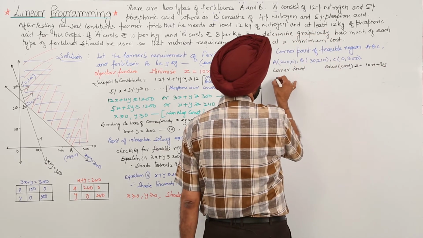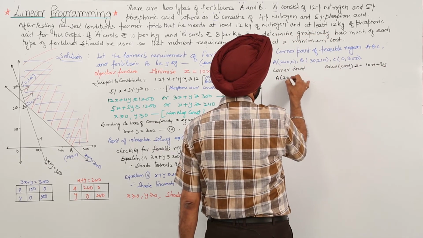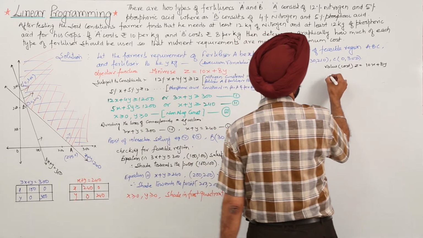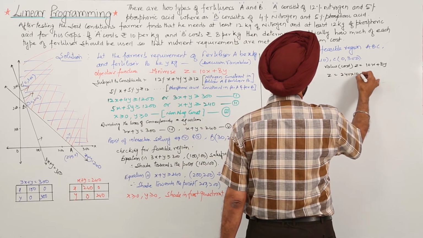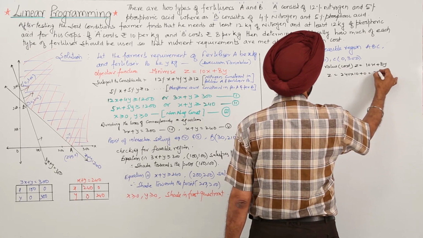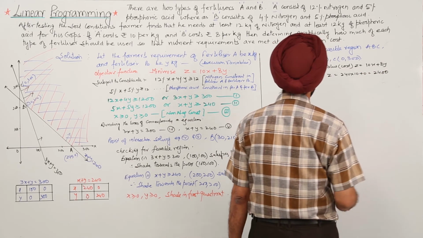Now with A, 240 comma 0, z is equal to 240 times 10 plus 0 is equal to 2400.